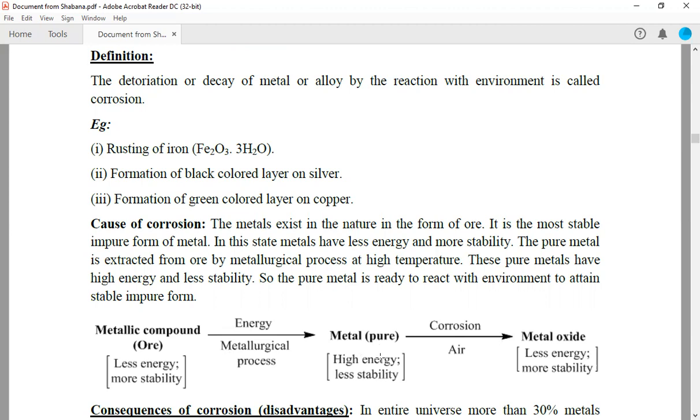When corroded to compounds of metal which do not possess engineering properties, the metal cannot be used as an engineering material.